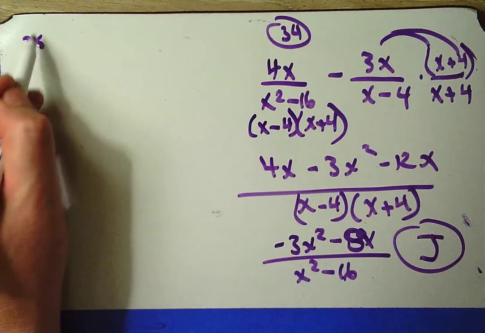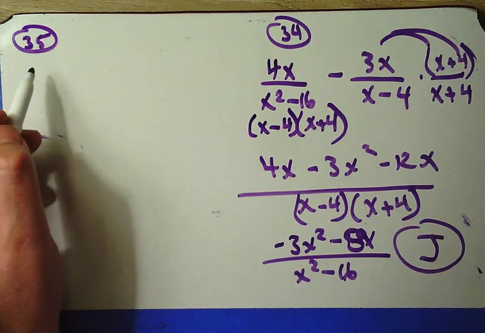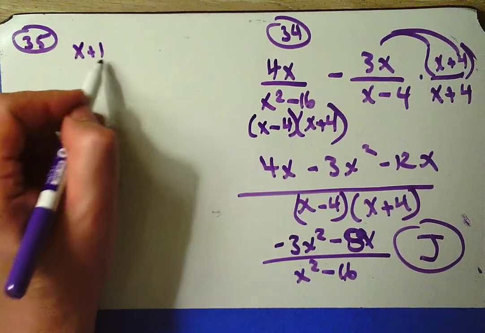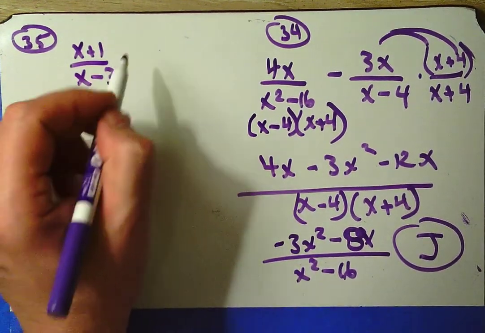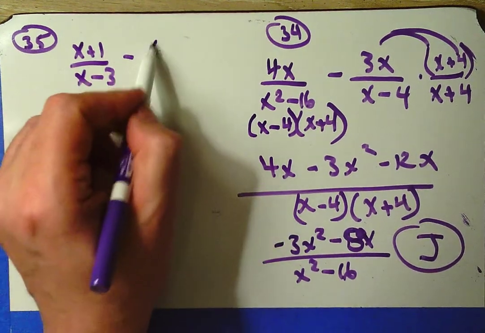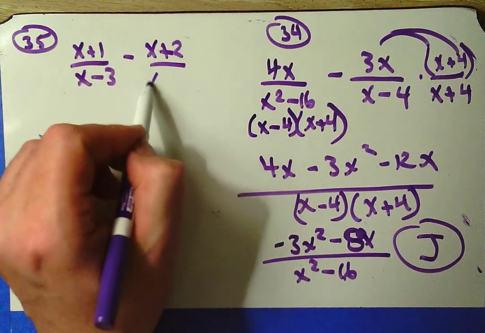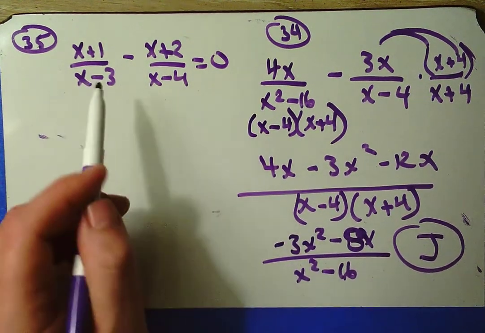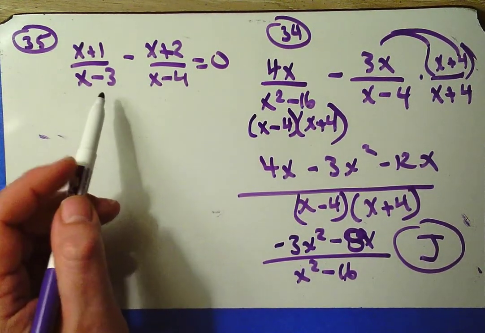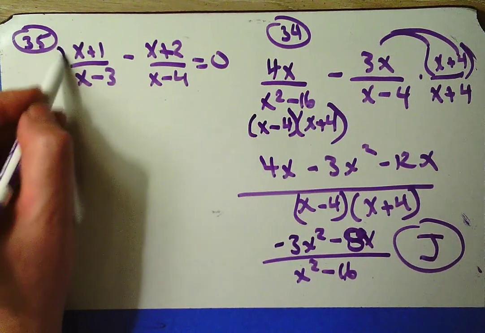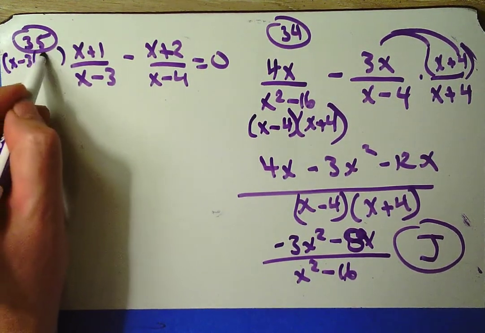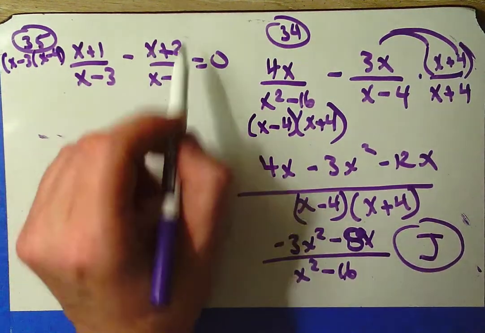Our final problem, number 35. What is the value of x if x plus 1 over x minus 3 minus x plus 2 over x minus 4 equals 0? Well, I don't want to deal with these fractions, so I'm going to be multiplying everything by the least common denominator, x minus 3, x minus 4.